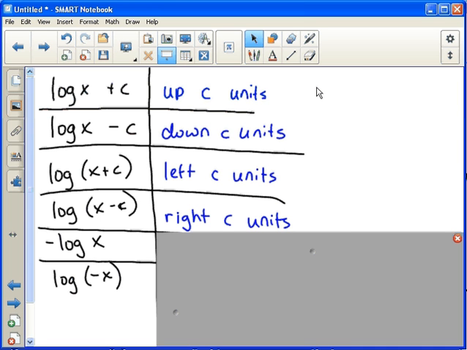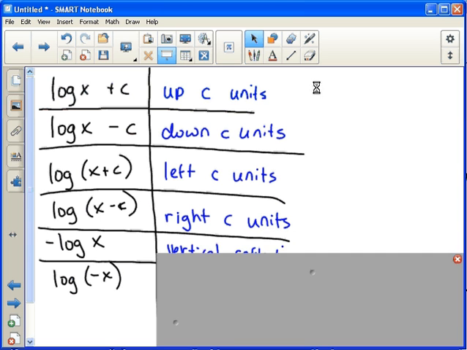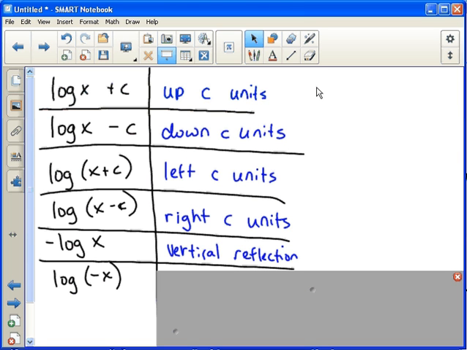Now the last two are reflections, and they're also very similar to what we did with exponentials. The first one is applying the negative to the entire function. And if you're doing something to the entire function, you're affecting the y value. So that means you're going to be doing things vertically. So this would be a reflection vertically. You could also say it reflects across the x-axis.